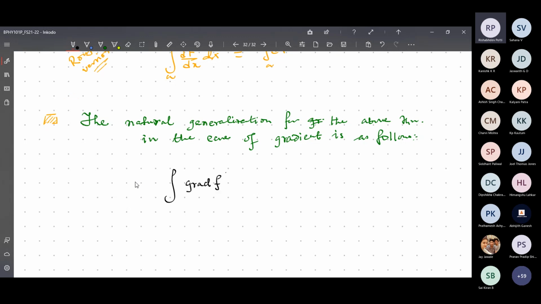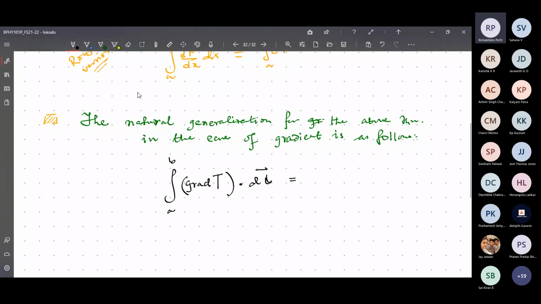Gradient of a function dot dl, the line integral. A single integral is a line integral, a double integral is a surface integral, a triple integral is a volume integral. So it will be like, let me use another scalar, let me use T; you can think of T as temperature also.